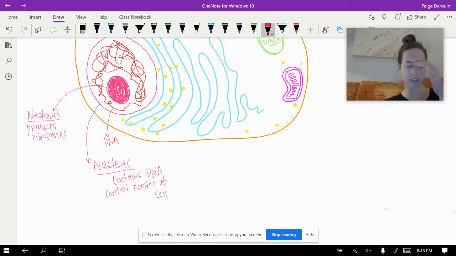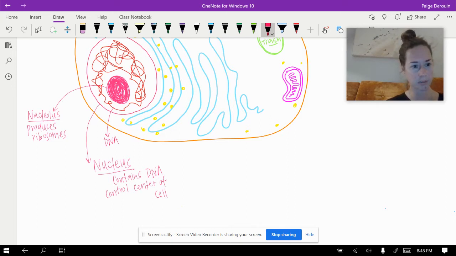One other interesting thing about the nucleus is that it will literally break down during mitosis, which is when the cell duplicates itself, so that the DNA can get out and be split up into 2 separate cells.